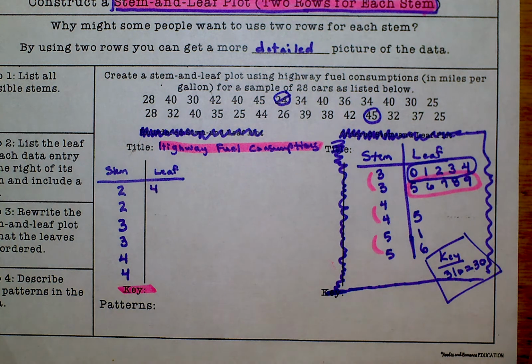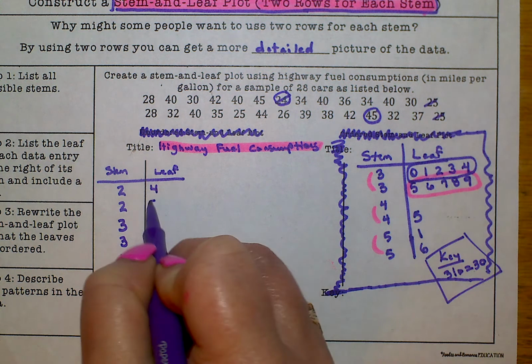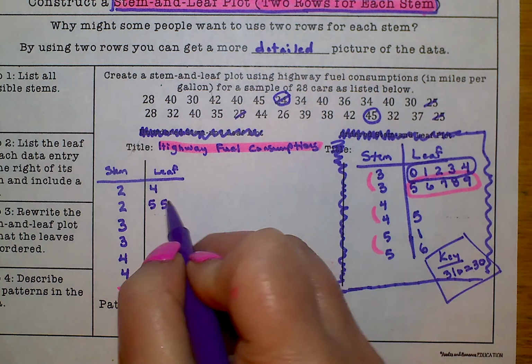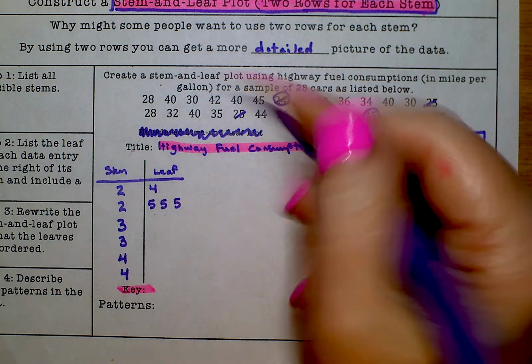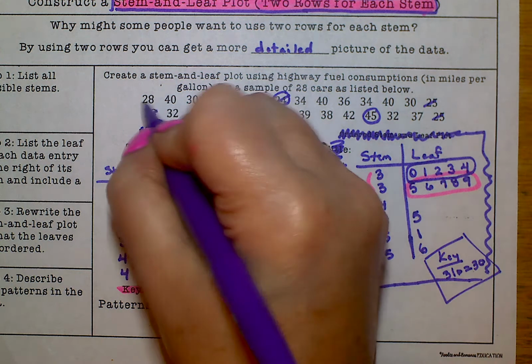That goes on the first row. Next numbers, 2 25s. Actually, here's another one, so 3 25s. Then you have a 26, 2 28s.